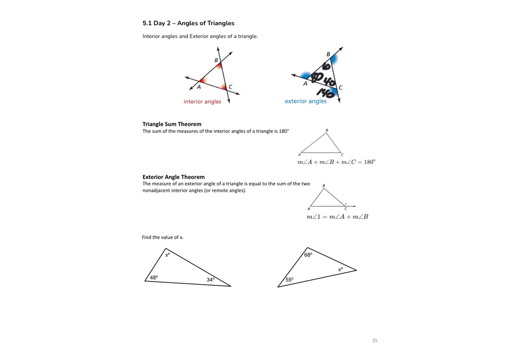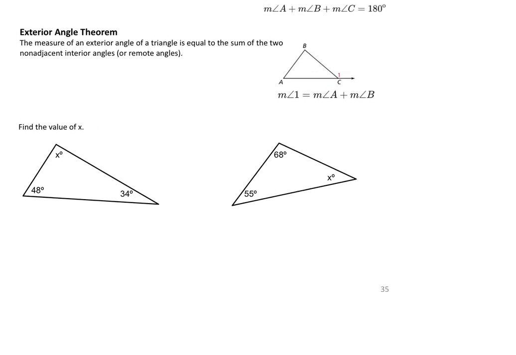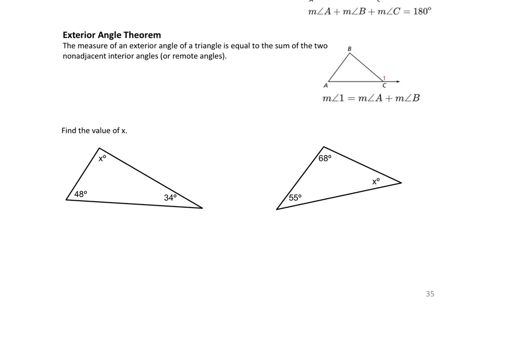These 2 together are going to add up to equal this. So we call these 2 the 2 remote interior angles because they're the furthest away from the exterior angle that we're talking about. And that's the exterior angle theorem. These 2 angles together add up to equal angle 1 because angle 1's the furthest away from those 2. And so those are the 2 theorems that we're going to use over and over again today.